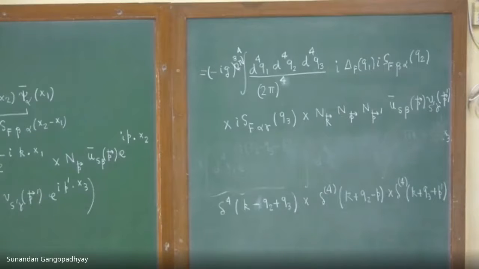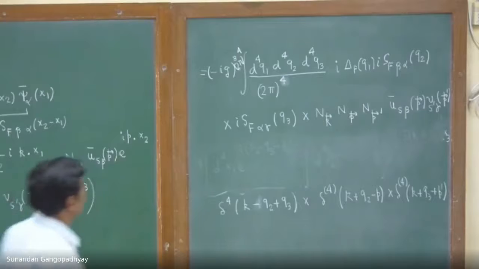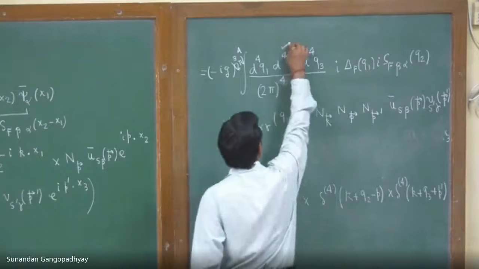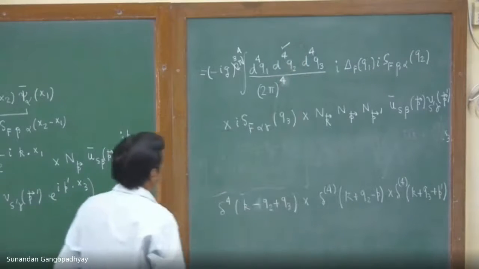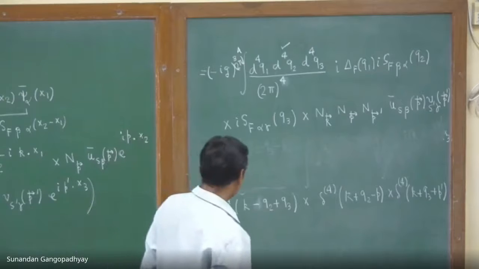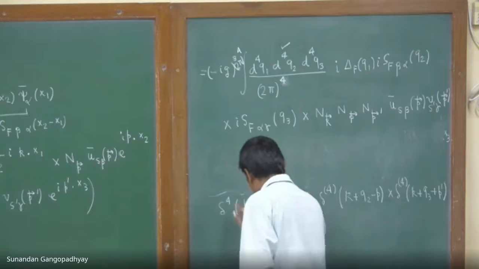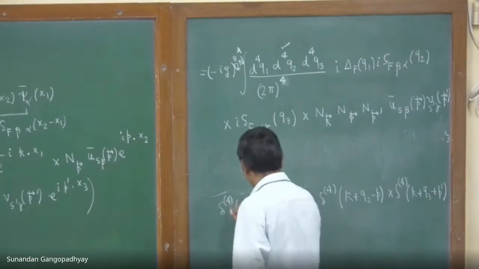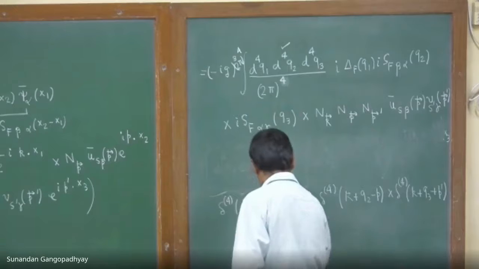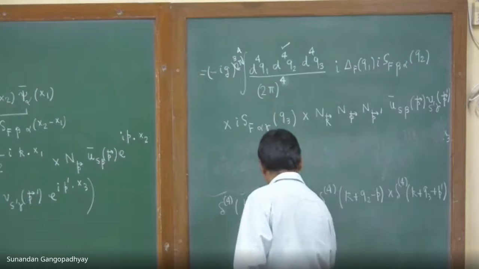So once we have this, now we have to perform the delta function integrations, that is the integrals over the momentum. As I have done in my calculation, I will first do the integration over Q2. If we do the integration over Q2, then from this two-dimensional Dirac delta function, we have Q2 is basically K plus Q3.